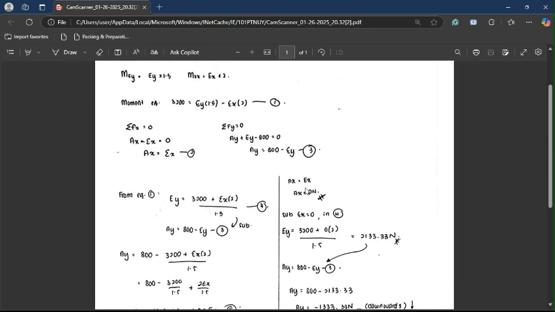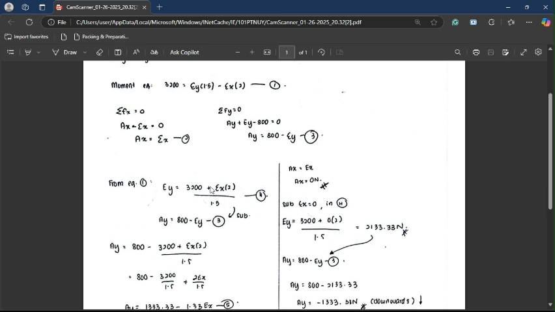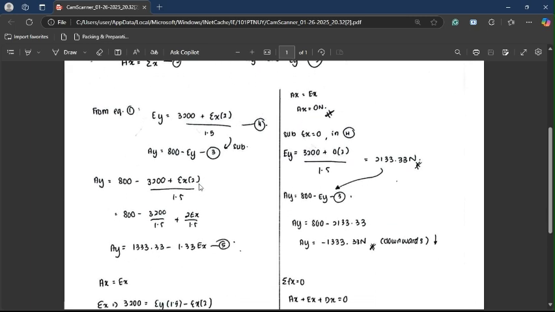From equation 1 and using equation 3, I can simply sub in the Ey here with 3200 plus Ex times 2 over 1.5.